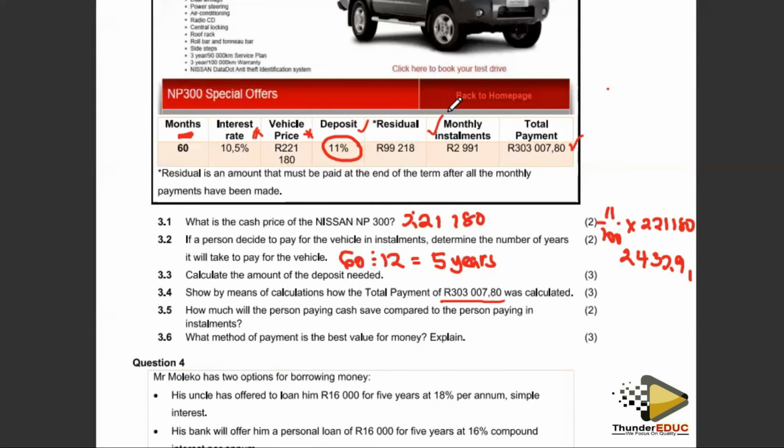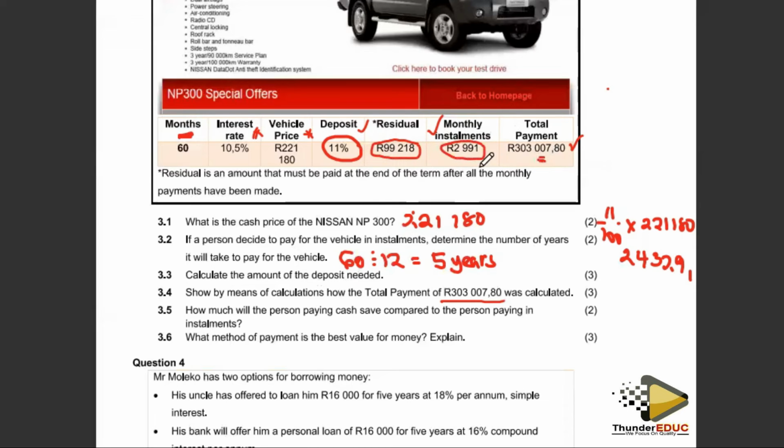Plus the residue. The residue is that other amount of money that's remaining to be paid once off. So here we are saying we are adding the deposit, and we are adding the residue and the monthly installments.